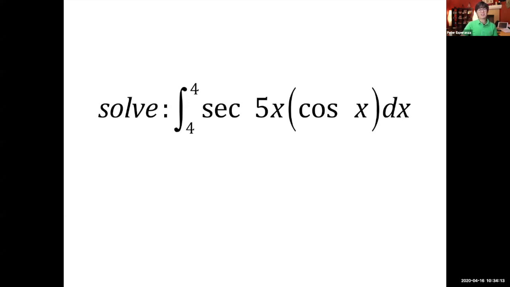What is the antiderivative of secant 5x times cosine x dx from 4 to 4? People are like, we haven't done that yet.